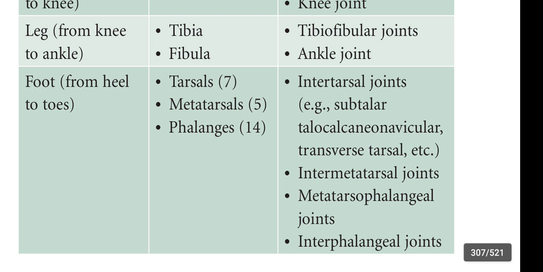Intertarsal is also called subtarsal. And what are the subtarsal joints? Talocalcaneonavicular and transverse tarsal. Intermetatarsal joints are between the metatarsals. The next one is metatarsophalangeal joints, between the metatarsals and phalanges. And the next one is interphalangeal joints.